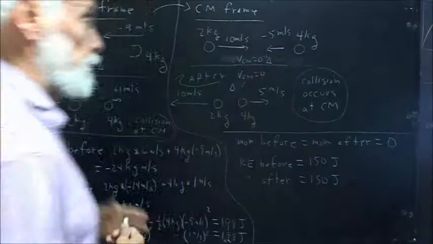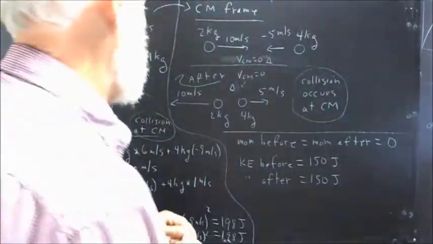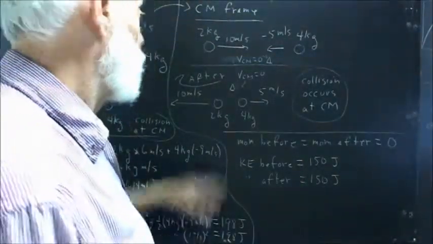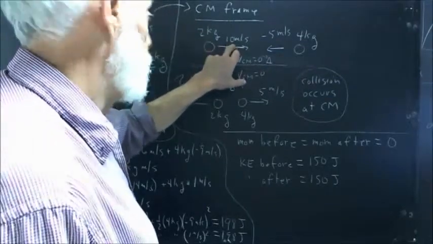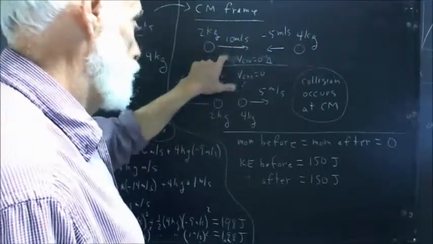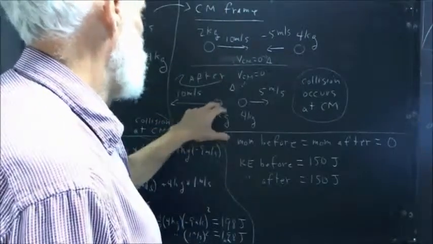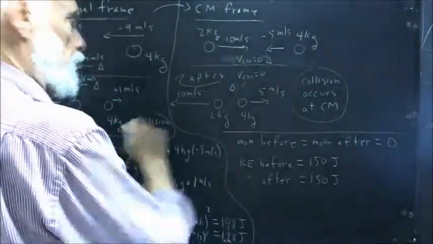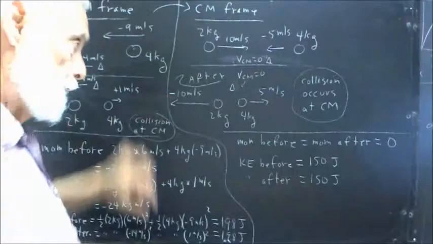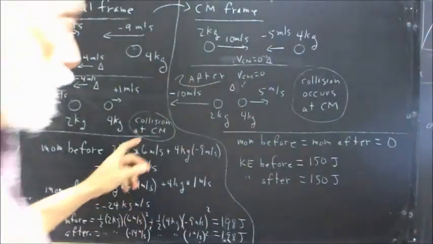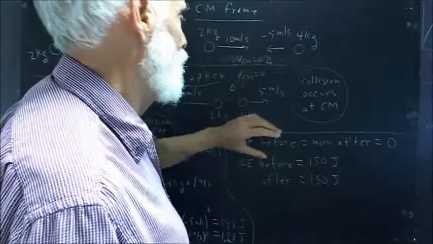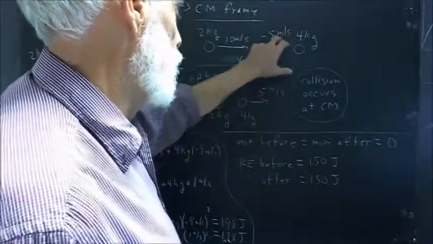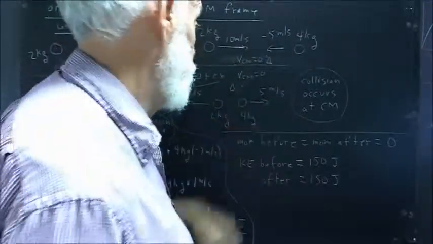I'll observe that that maintains kinetic energy, because your 1/2 mv squared for this object is calculated by squaring 10 meters per second before the collision. After the collision, you're squaring negative 10 meters per second. Similarly, you're squaring the same number here, except you're squaring a negative here and a positive here.